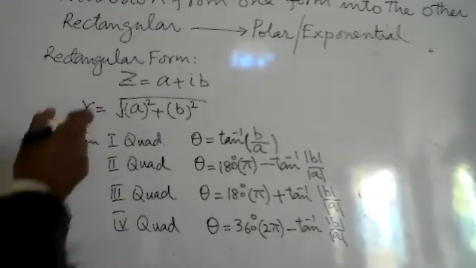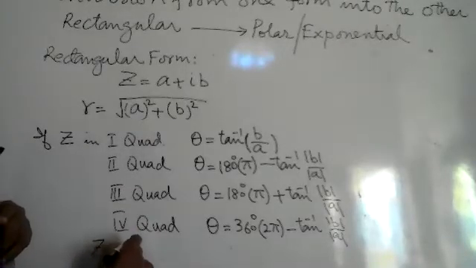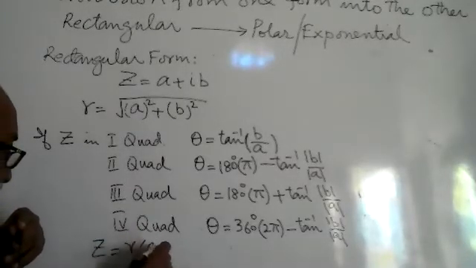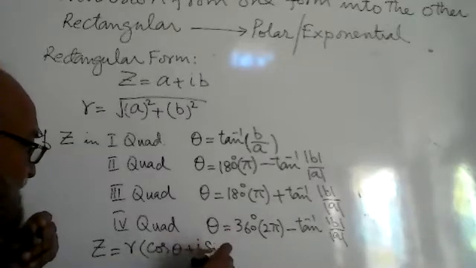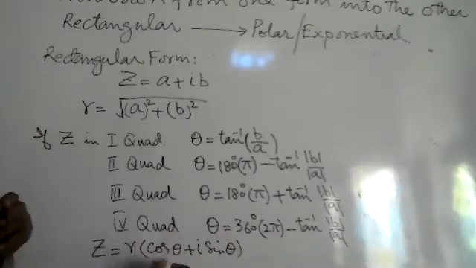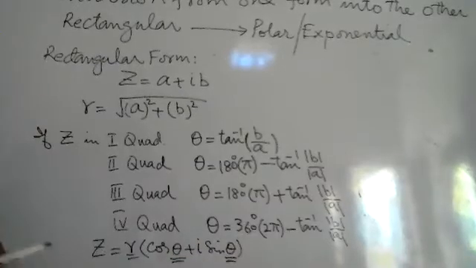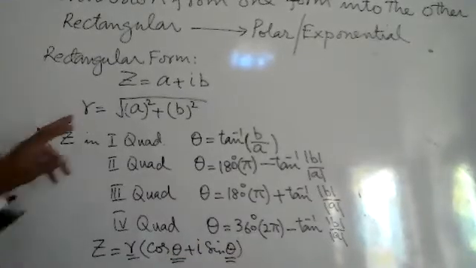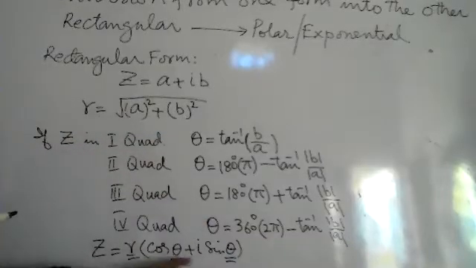So the polar form will become z is equal to r cos theta plus iota sine theta. Put the values of theta and r over there. You replace theta and replace r, which you found from here, r from here, theta from here. Sine, cos and iota will remain as they are.